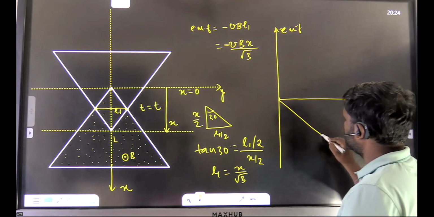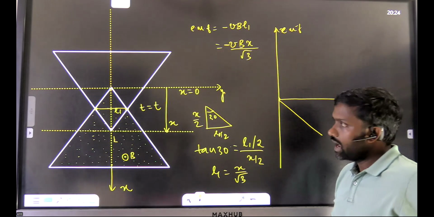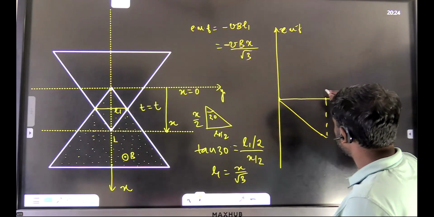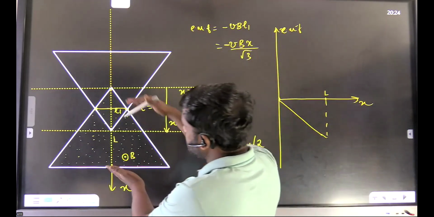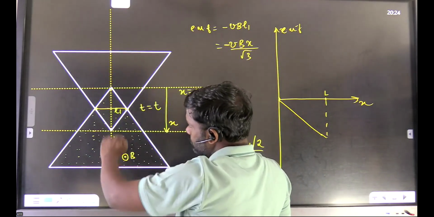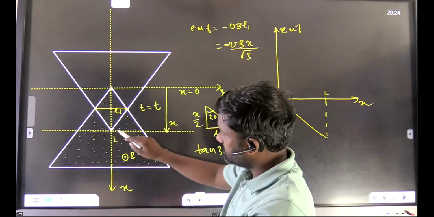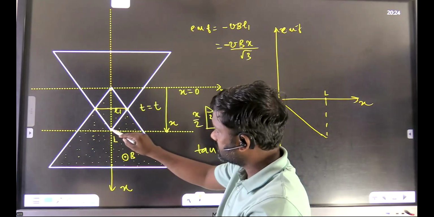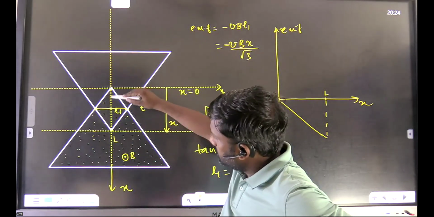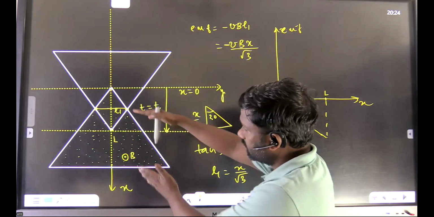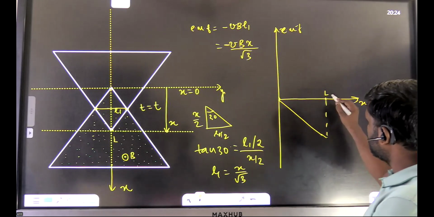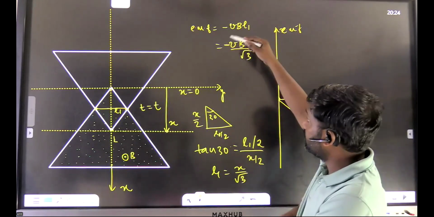So the plot will be something like this, and this graph will continue like this up to distance L. Actually this length is given to be L. This loop continues to enter the magnetic field region until this vertex has moved a distance L. So when the displacement of this vertex becomes equal to L, then it starts exiting the magnetic field region. So up to displacement L, the EMF graph will be given by this formula.